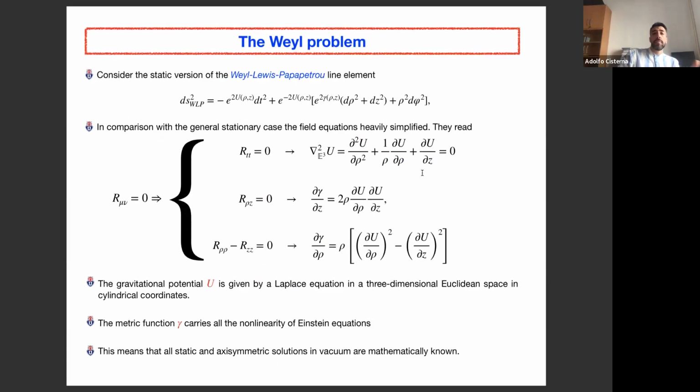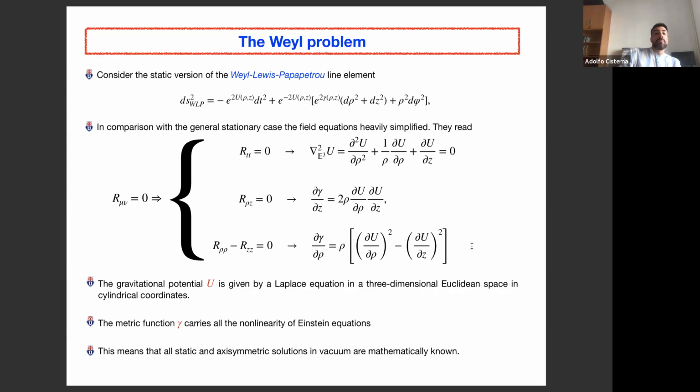And then the remaining function you need to find, this conformal factor gamma, is given by these two quadratures. From one of the equations, you get that the derivative of gamma with respect to zeta is given by this product, and the derivative with respect to rho is given by this other one.